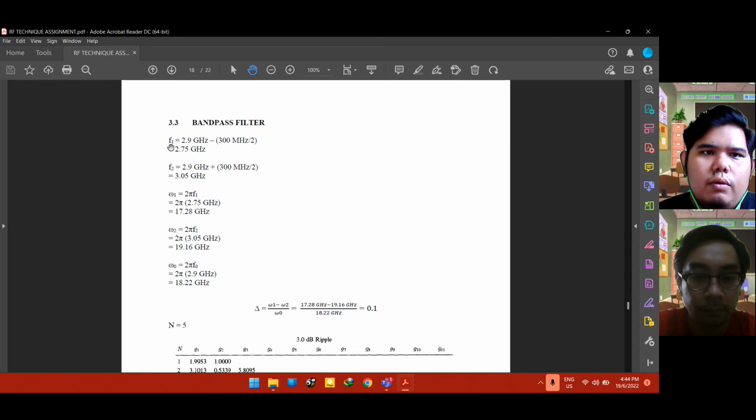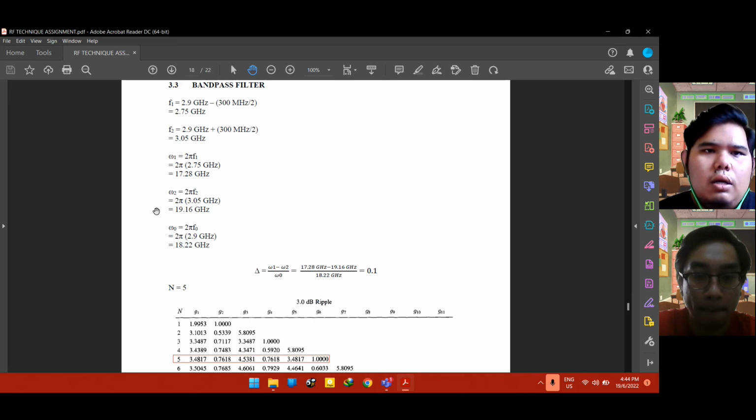To find F1, the center frequency 2.9 gigahertz subtract 300 megahertz divided by 2, and I get 2.75 gigahertz. For F2, 2.9 gigahertz plus 300 megahertz divided by 2, and get 3.05 gigahertz.